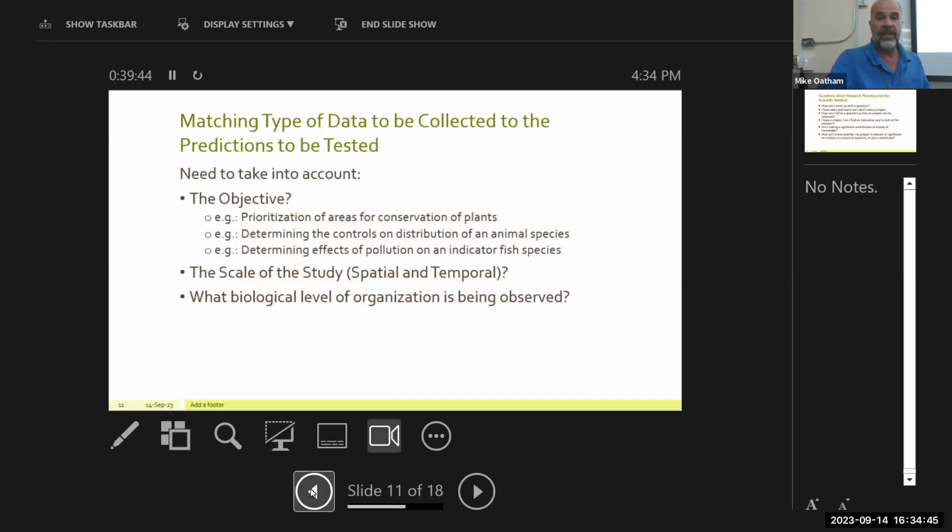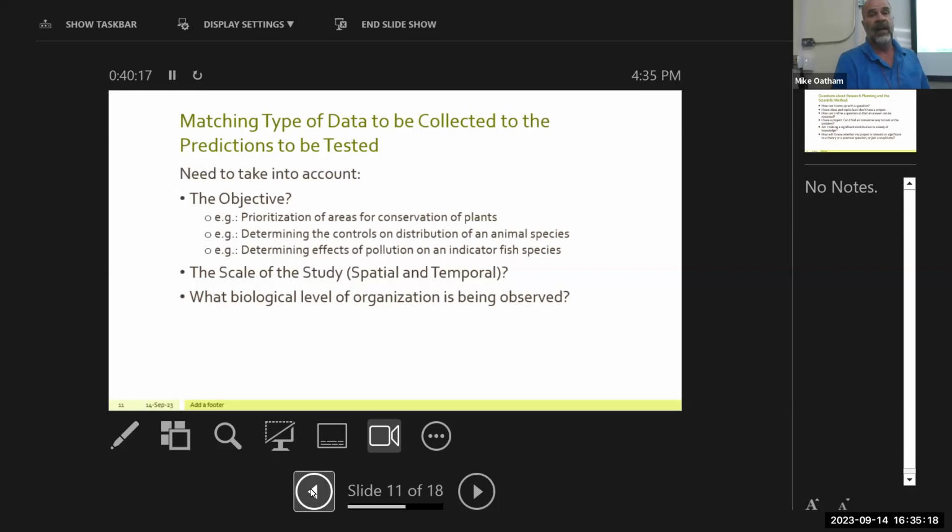Matching type of data to the predictions to be tested. Some of the things which you'll need to keep in mind is the objective. What is the objective? What are you trying to determine? The objective, I think, can be thought of as what sort of predictions are you trying to test?